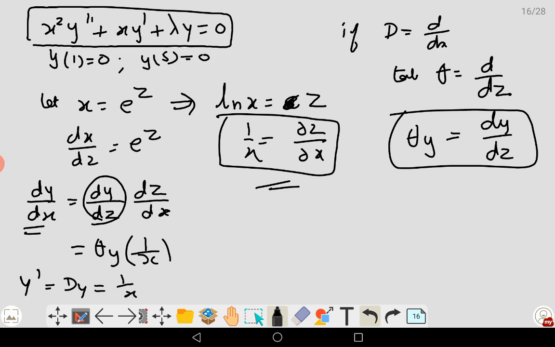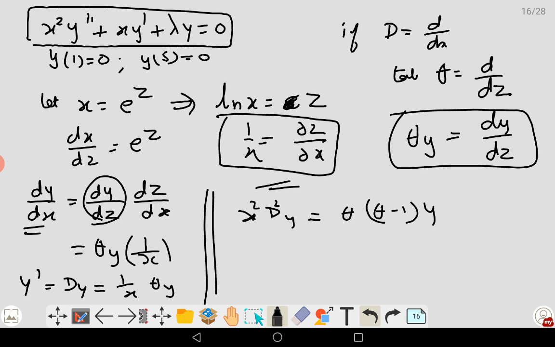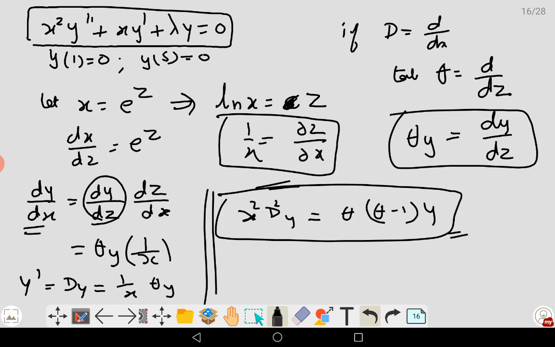That is, y prime, which is dy by dx, can be written as 1 over x times theta y. And what about the second derivative? We can further define this as x square d square y equal to theta into theta minus 1 y. You can check this and it will go right. I'm going to use this. You might have studied these conversion formulas in the elements of differential equations. So this will be used in the given equation.